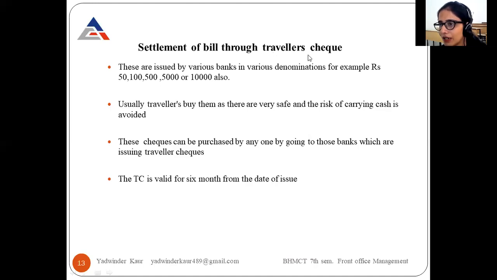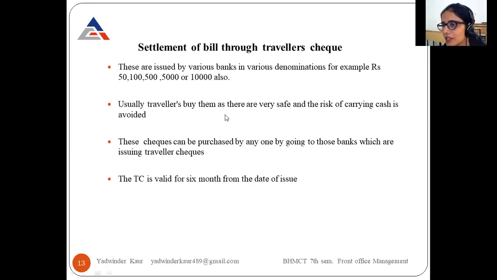Settlement of bill through traveler's check. These are issued by various banks in various denominations, for example rupees 50, 100, 500, 5,000 or 10,000. Usually travelers buy them as they are very safe and the risk of carrying cash is avoided.